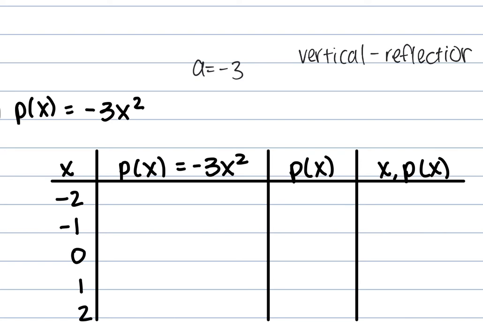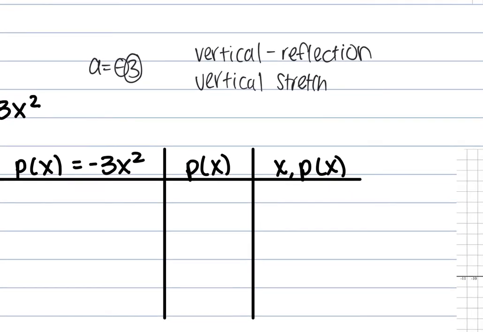So that takes care of our negative, right? What is the 3 going to do? Isa? It's still a vertical stretch, okay? What would a shrink be? Good, 1/3, okay? This is a vertical stretch by 3, okay?